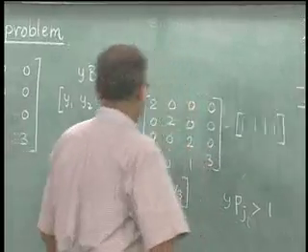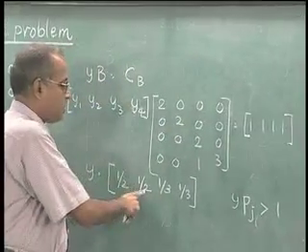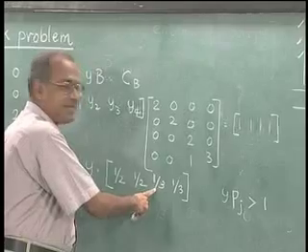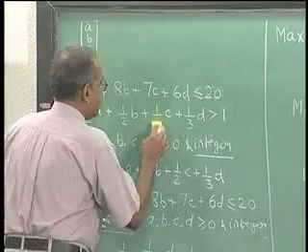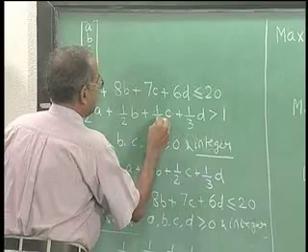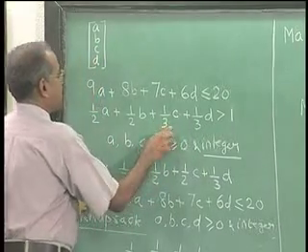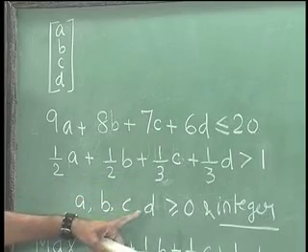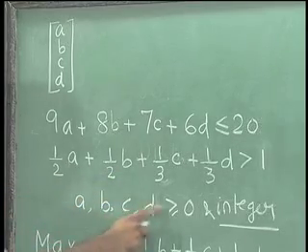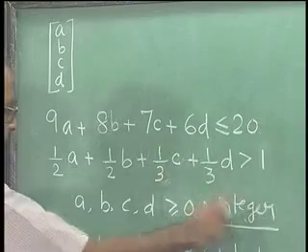So, it should satisfy the condition half a plus half b plus 1 by 3 c plus 1 by 3 d greater than 1, a b c d greater than or equal to 0 and integer.